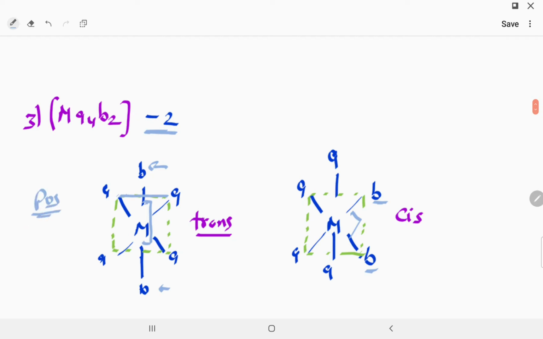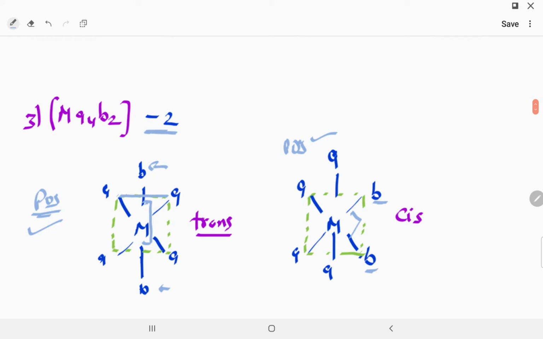You can cut by the help of this square. When you cut on the square side, one is above, one is below, it shows the plane of symmetry, meaning by the help of this we can cut into 2 equal halves. So the green dotted line we show as the POS line. Whenever there is a POS plane, meaning a plane of symmetry, that compound does not show optical isomer. So in the second one there is also a POS plane, so it will also not show optical isomer.